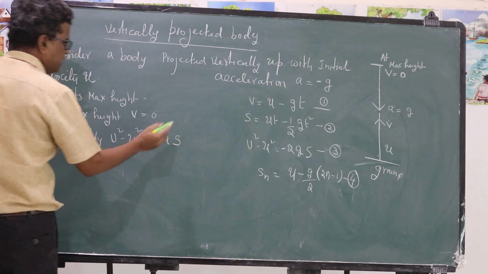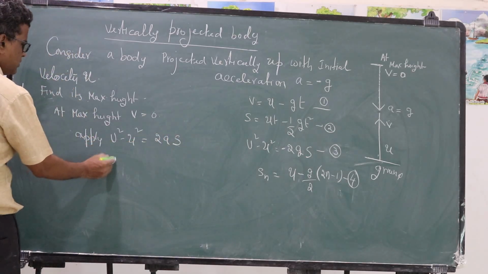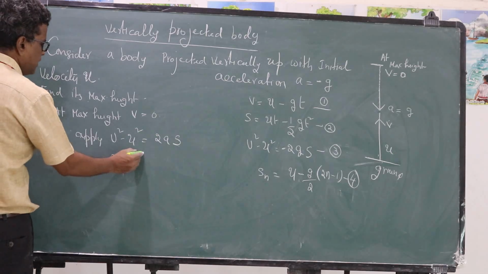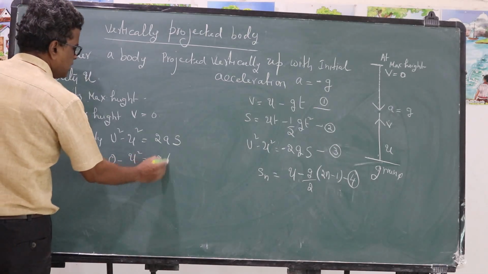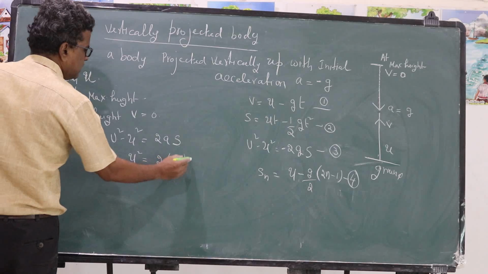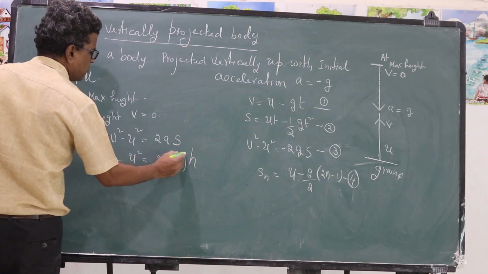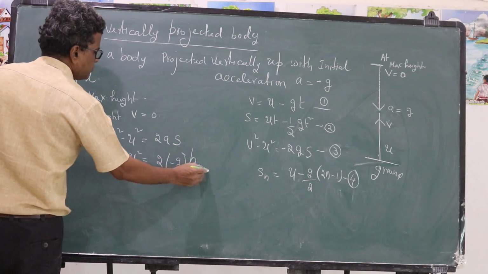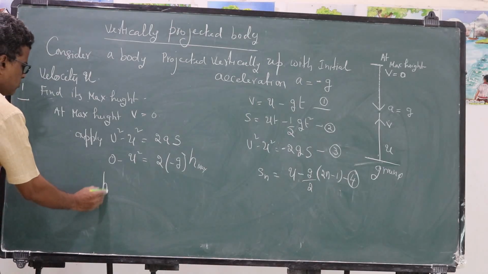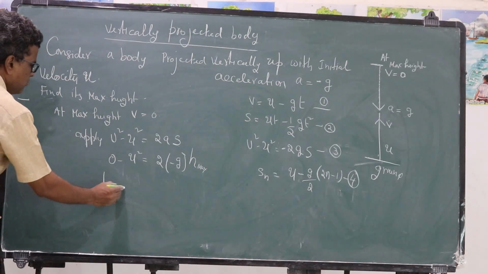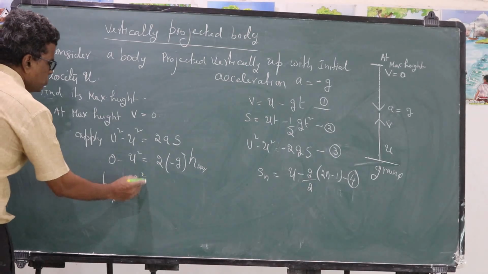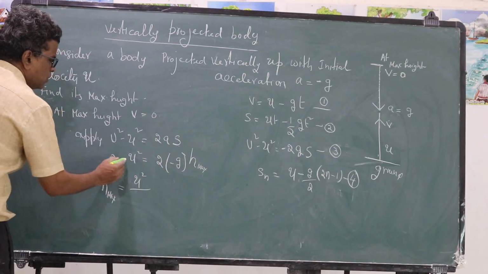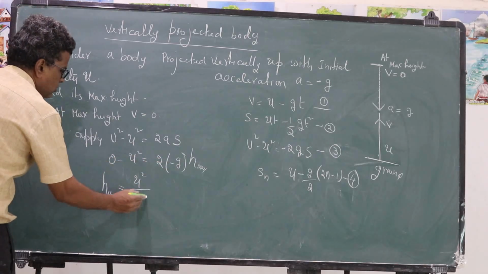Velocity is 0, so 0 minus u square is equal to 2 into minus g into h, the maximum height. So h is equal to u square by 2g, because the minus signs cancel.